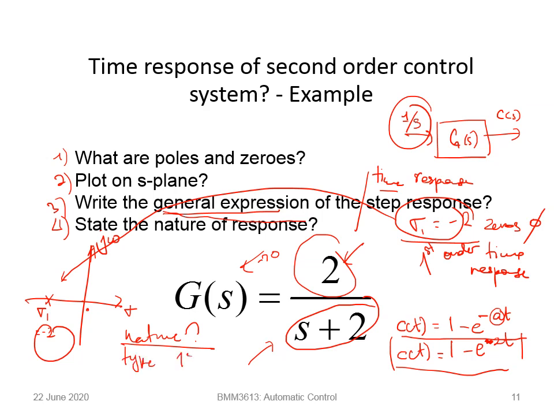So this is a first order time response. And the second is to tell whether it's stable or unstable. Now in the first order time response, we know that for this particular equation of time response, it will look like this, right? And it will have a steady state value. So it is a first order time response which is stable. So that's for this first example.